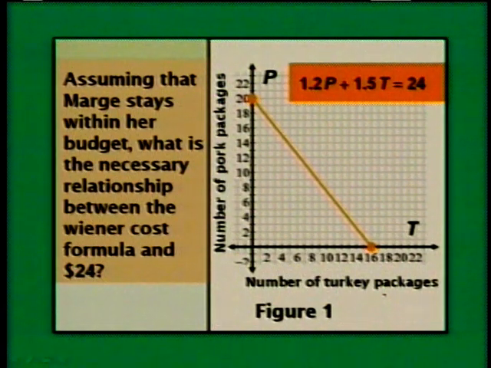Assuming that Marge stays within her budget, what is the necessary relationship between the wiener cost formula and $24? Well, this might seem like a bit of an odd question, seeing as I've got written right on the screen 1.2P plus 1.5T equals 24. But that's not really the necessary relationship.